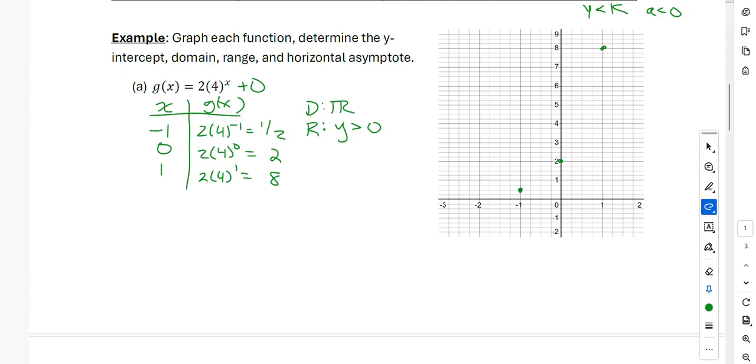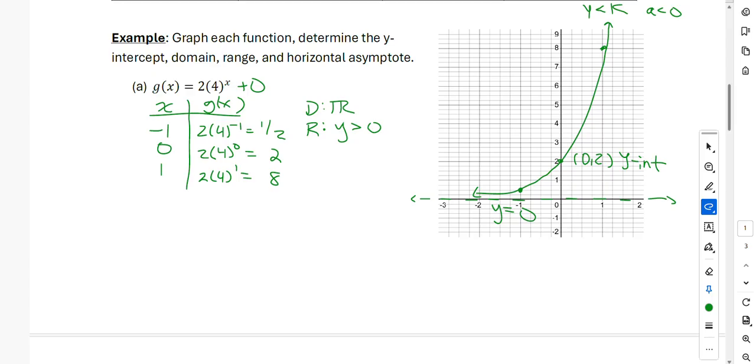So I have a horizontal asymptote right here, y equals 0. It's a dashed line. It's a little boundary that the graph does not cross. Here's my y-intercept at 0, 2. Now I connect the dots. We will do that for every single problem.